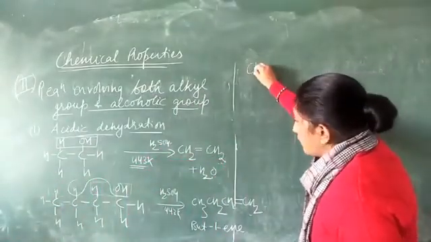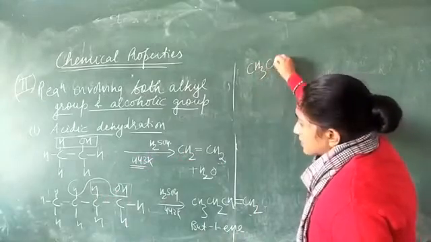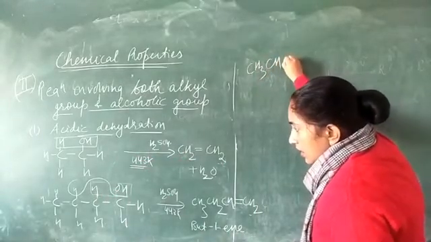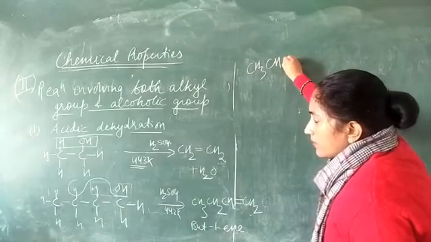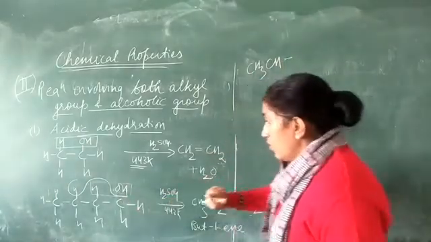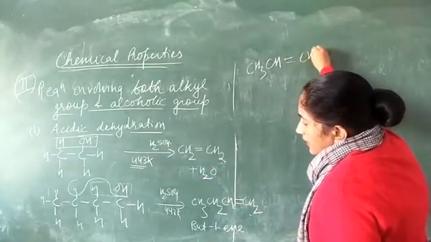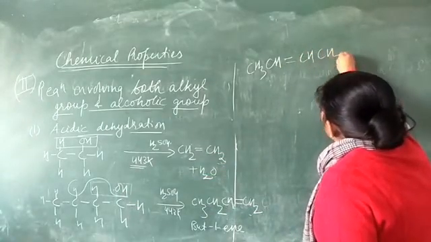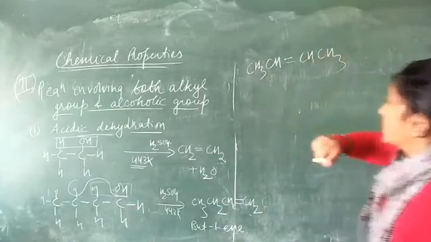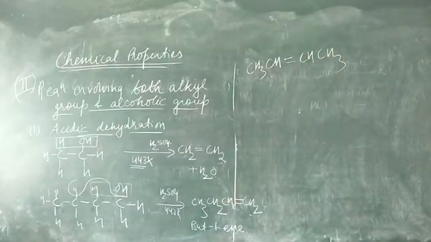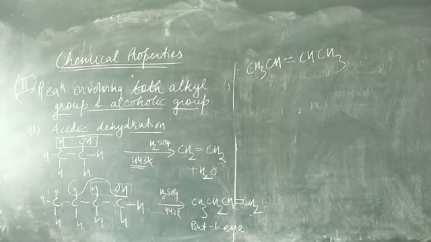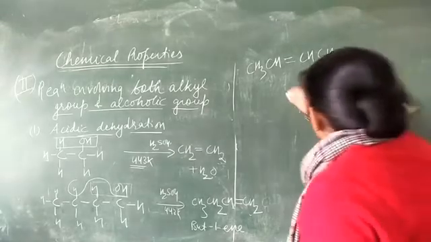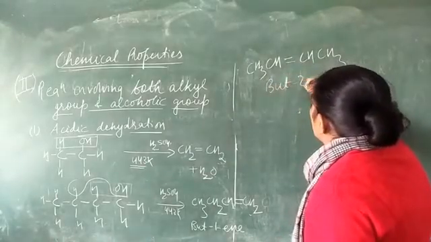The chances are there that a hydrogen from the other carbon gets removed with the OH group. So that time, what are we going to get? We will get CH3CH=CHCH3, that is but-2-ene.